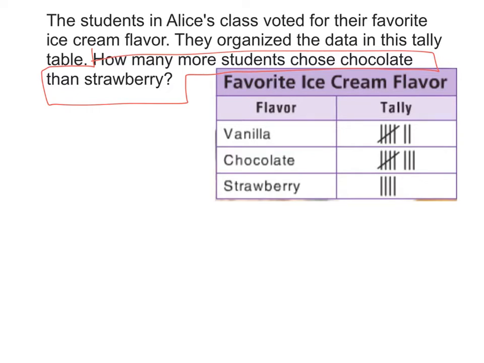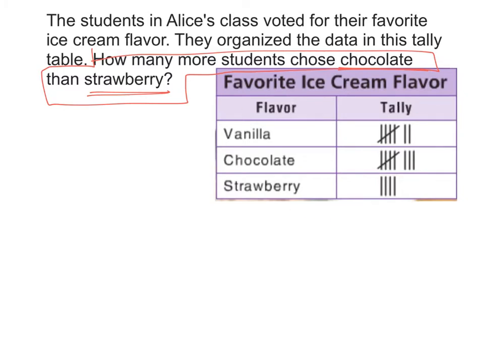So we need to figure out the difference between the students who chose chocolate and the students who chose strawberry. And we could find out the answer to that by looking at our tally table.